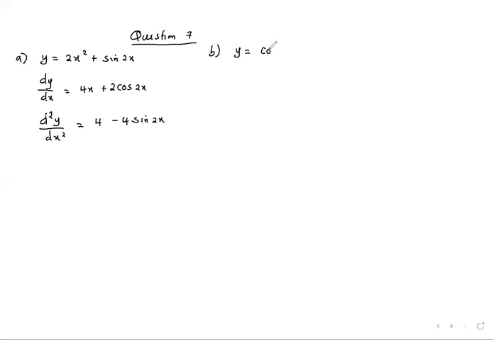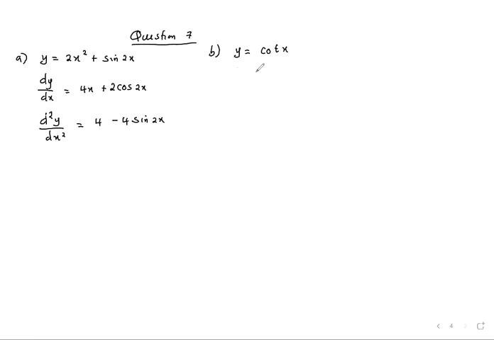y is equal to cot x. What is the derivative of cot? I've forgotten, but it's like we found it using quotient. So if you have also forgotten, then you need to derive it.